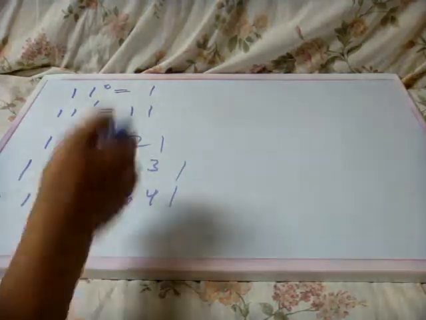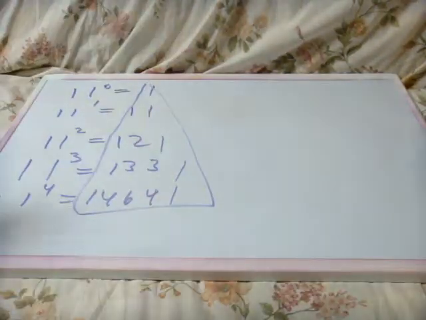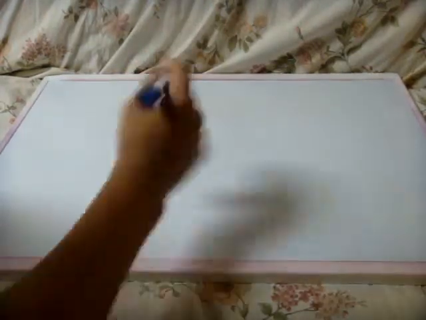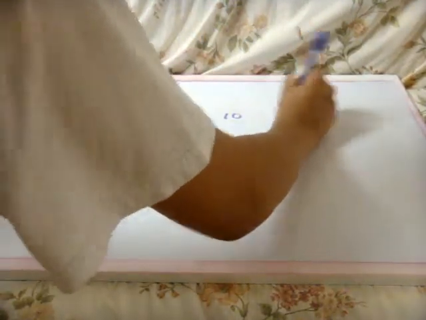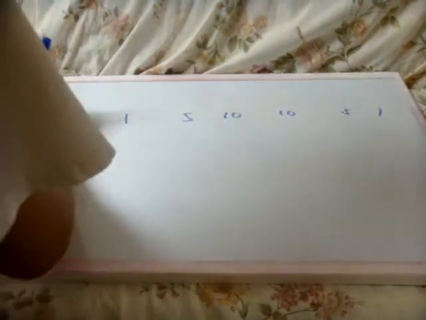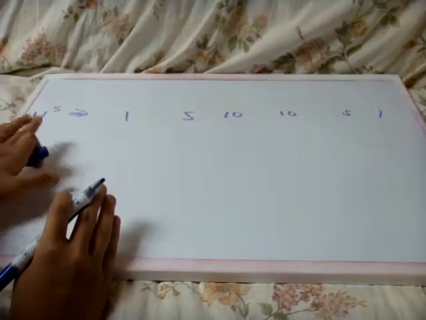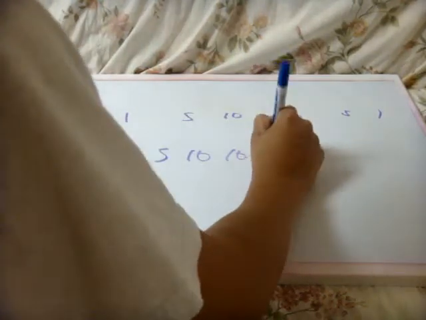We've already created Pascal's triangle right here. And then the next is the fifth row of Pascal's triangle, which is 1, 5, 10, 10, 5, 1, which should equal 11 to the power of 5. Well, you might think 11 to the power of 5 is just 1, 5, 10, 10, 5, 1.